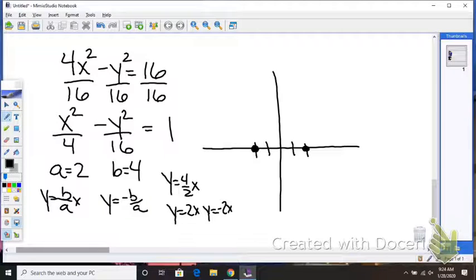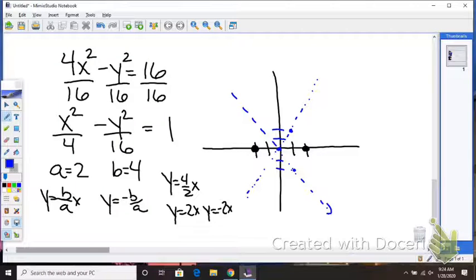So if I was to plot these asymptotes, I would start here at 0. I would go up 2 over 1, and this would be one asymptote, and then I would go down 2 over 1, and that would be the other asymptote. I don't need arrows on that.